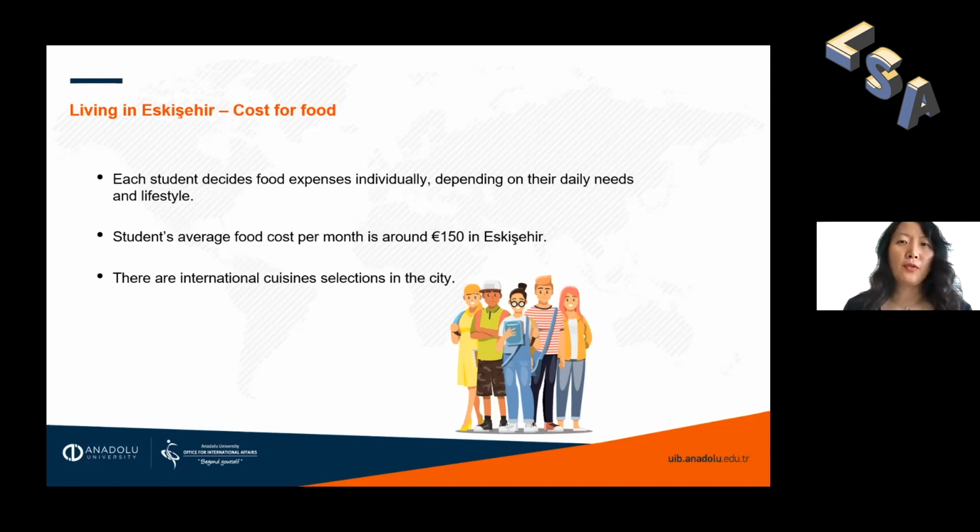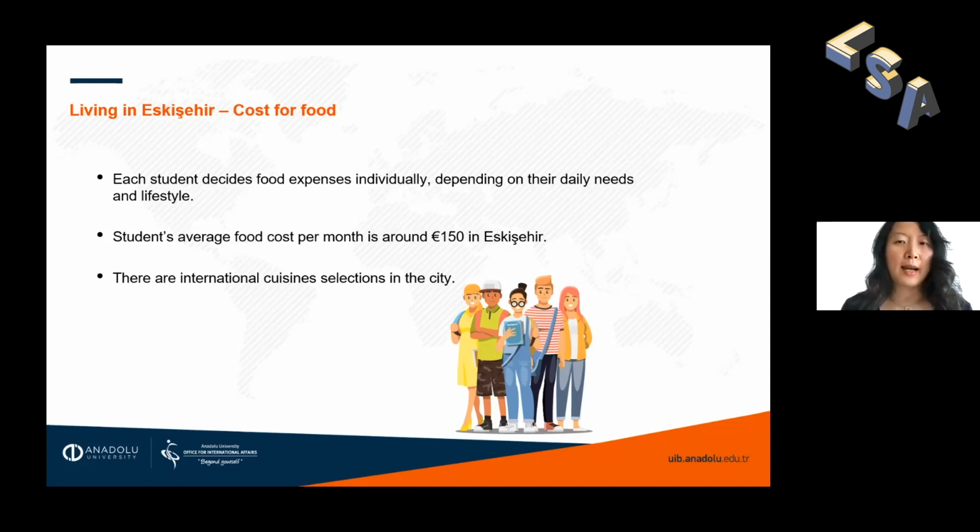So, cost of food. Actually, each student decides the food expenses individually, depending on their daily needs and lifestyle. Turkish students or international students spend about 150 euro per month on food.